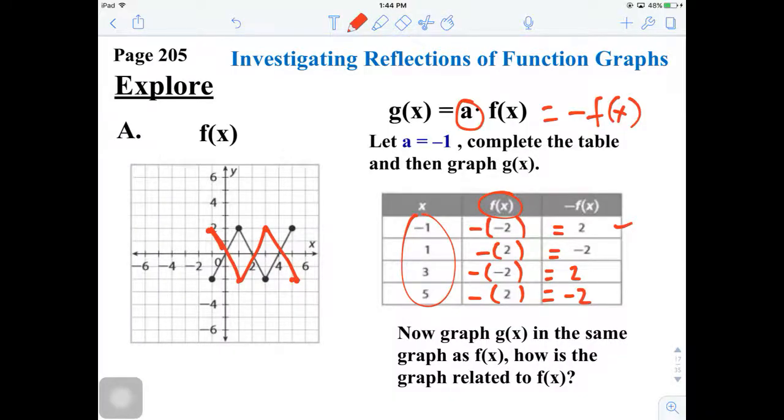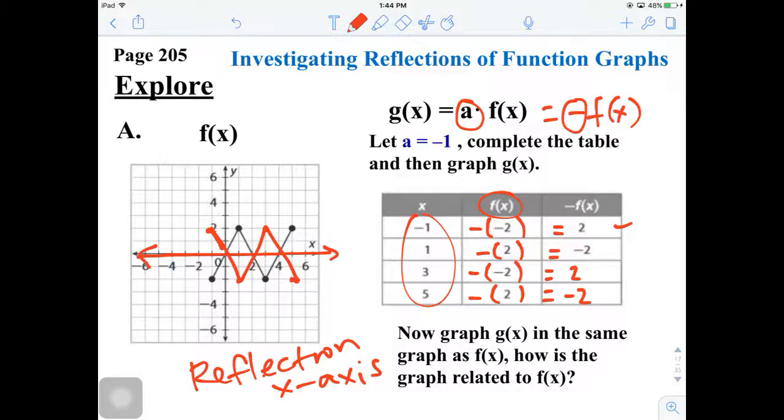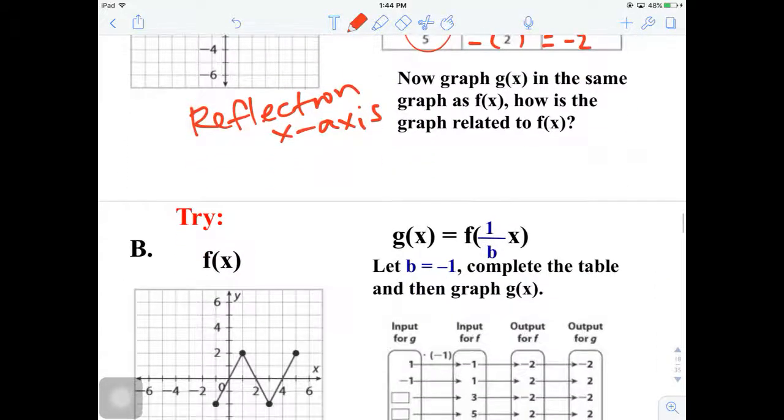So this tells us that if there is a negative sign in front of the f of x, it means that there is a reflection across the x-axis. So it's been flipped based on this line right here. So if this is a mirror, then it's a reflection of the original. And that is what a function does when there is a negative in front of the f of x.